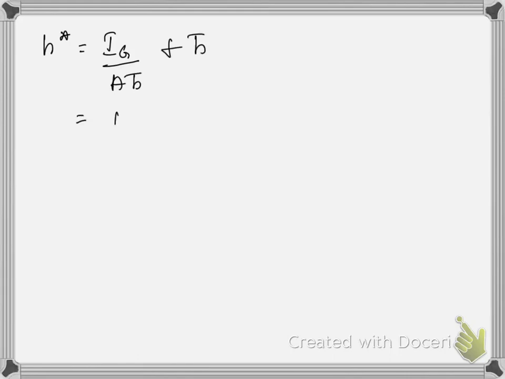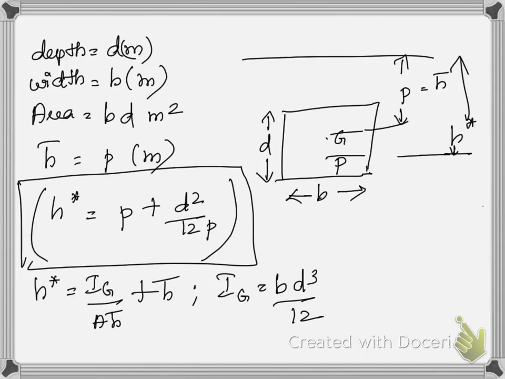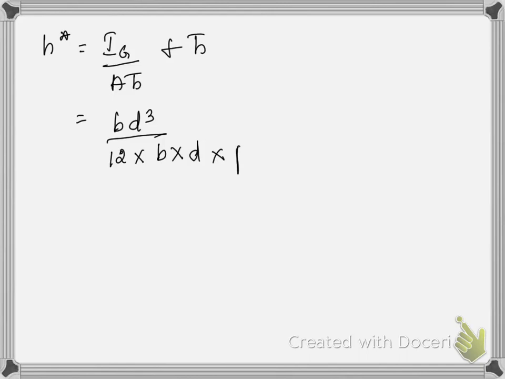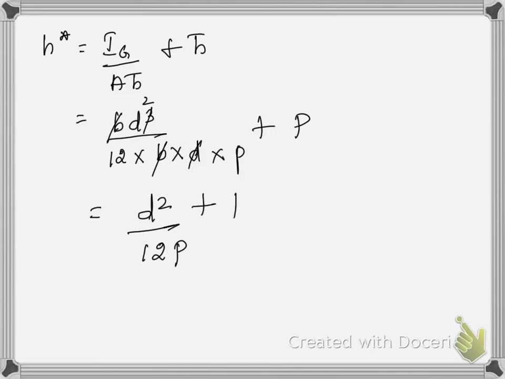Ig is BD cube by 12, A is going to be B into D, H bar, what we have seen here is P. So write that P plus P. This B, one B, B will get cancelled. So this will become square. So this becomes D squared by 12P plus P.